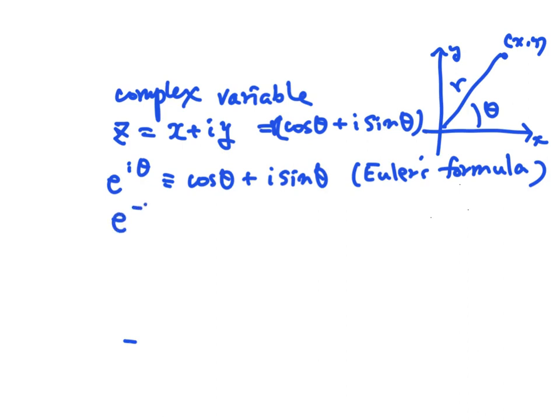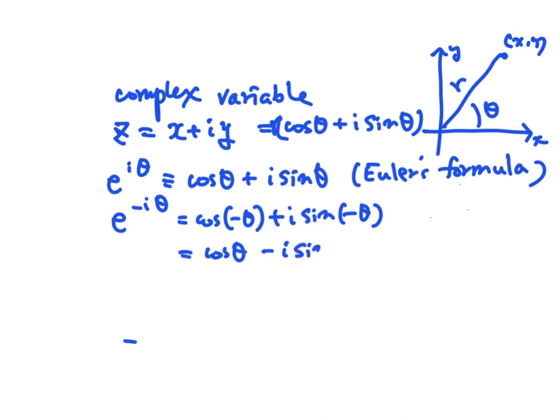And exponential minus i theta is cosine minus theta plus i sine minus theta, which is cosine theta minus i sine theta.